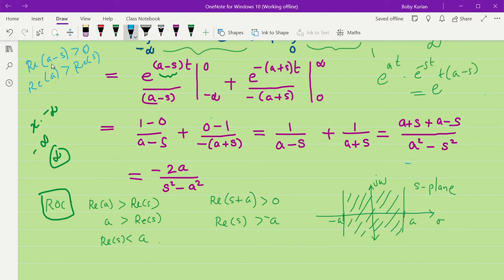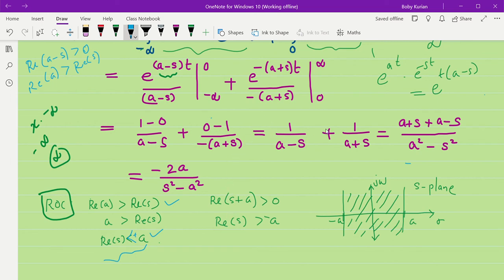The real part of a is nothing but a. So a should be greater than the real part of s, or the real part of s should be less than a. That is the region of convergence. A is in fact a positive value.